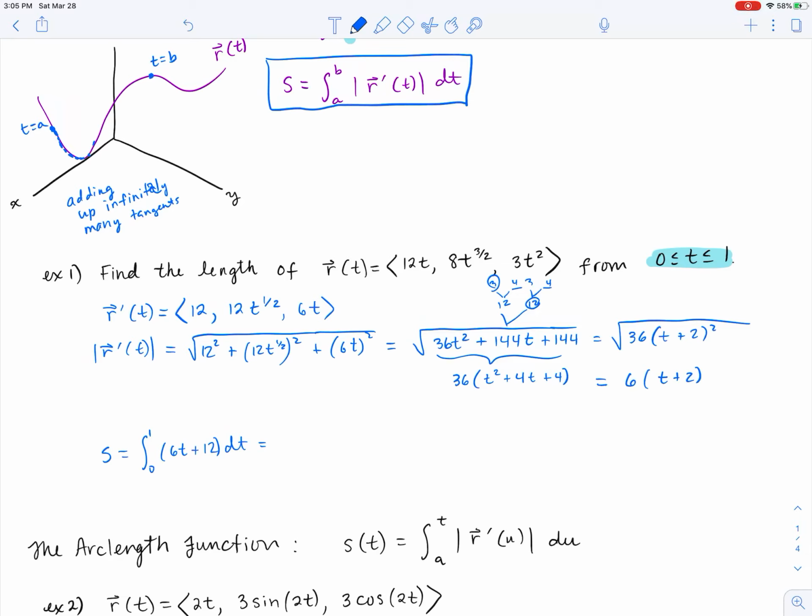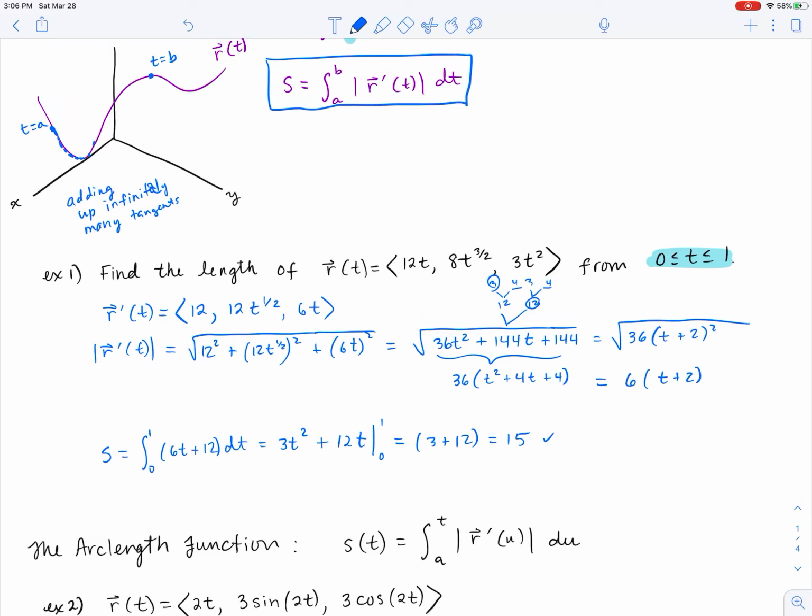And so we take the integral of that: 3t squared plus 12t, evaluated from 0 to 1. And so we're going to get 3 plus 12 when we put in the 1, and 0 when we put in 0. So 15. Oh, okay, I was looking at the wrong problem earlier, which is why I couldn't find the solution, but this is correct.